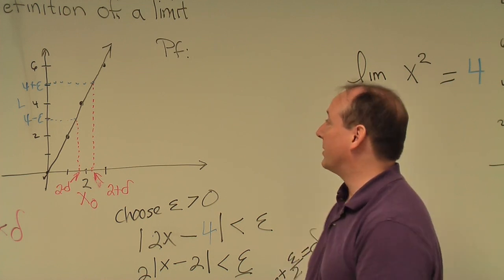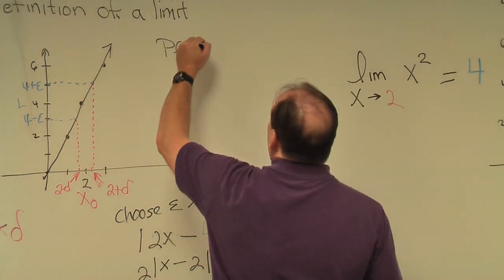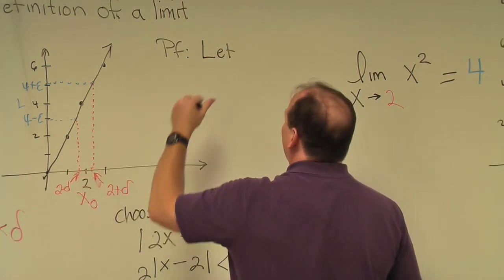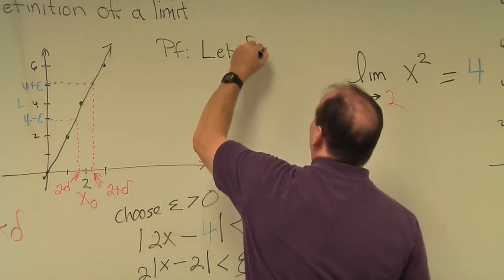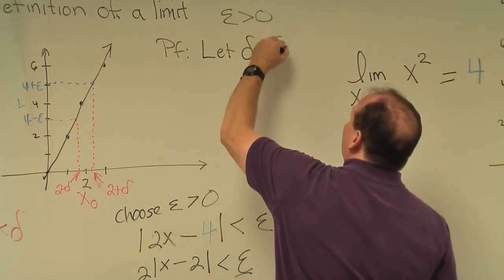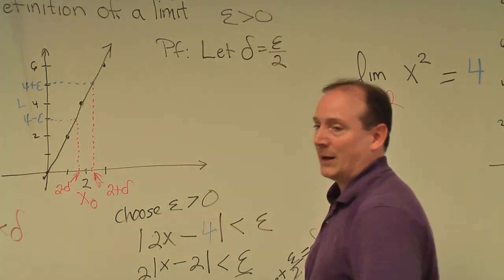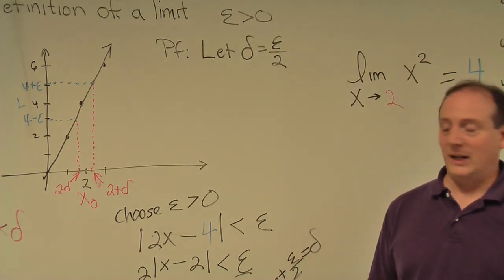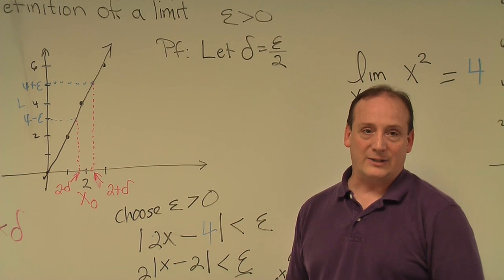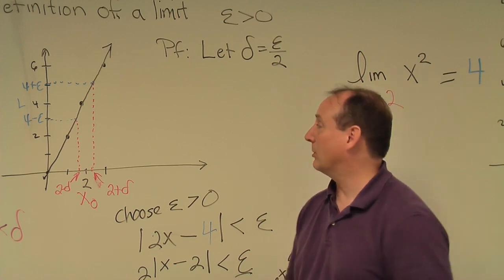So for example here, instead of starting with let epsilon be greater than 0, we understand that, that's a given. I'm going to let delta equal epsilon over 2. And I'm going to write what I did here pretty much backwards. And that's actually how you show the proof.